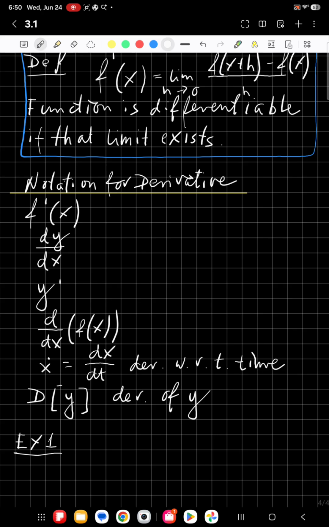So find the derivative of f of x equals x cubed.